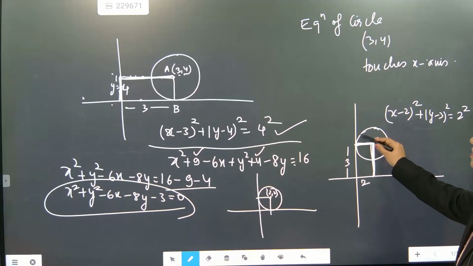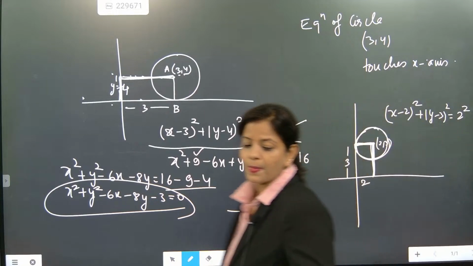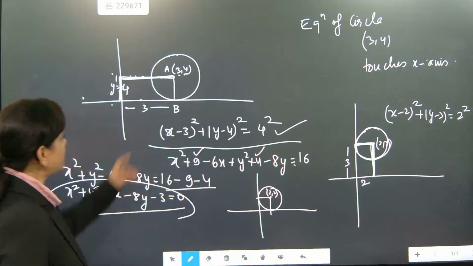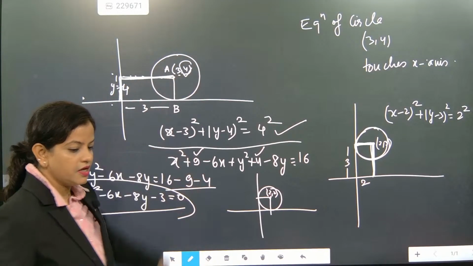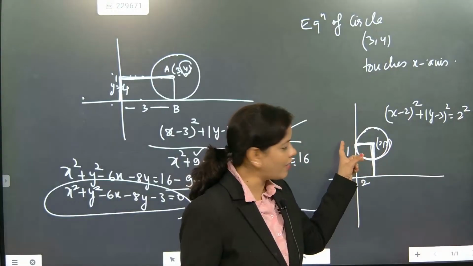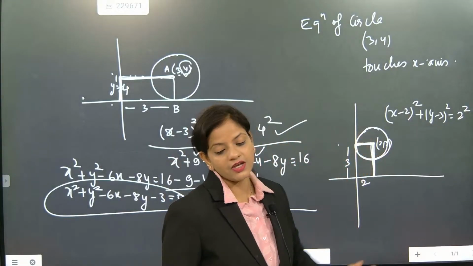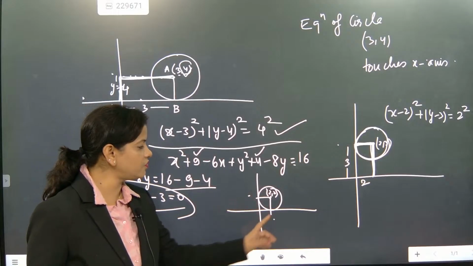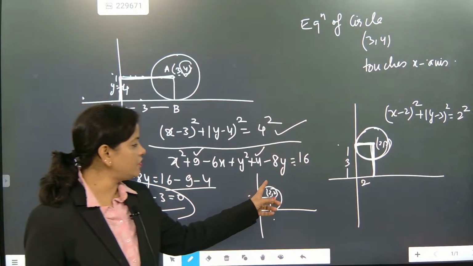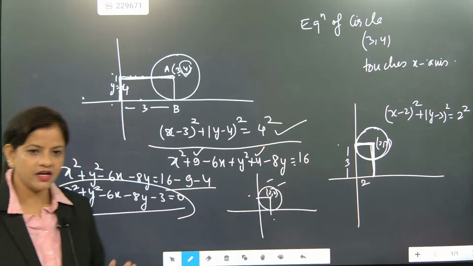When the circle is touching the y-axis, you have to consider the x value. Just simple logic. If the circle is touching the x-axis, then take y as the radius. If the circle is touching the y-axis, then take the x value as the radius. If the circle touches both x and y together, then we can take either one as the radius.